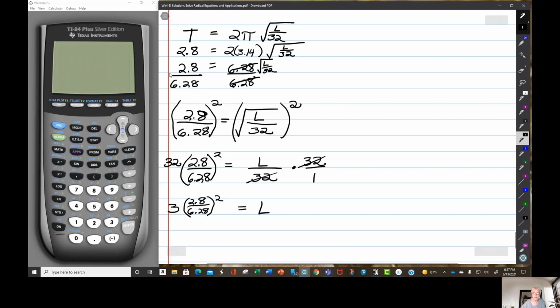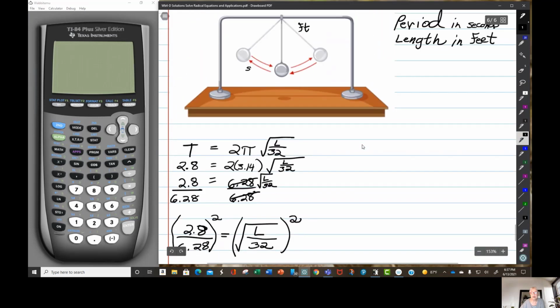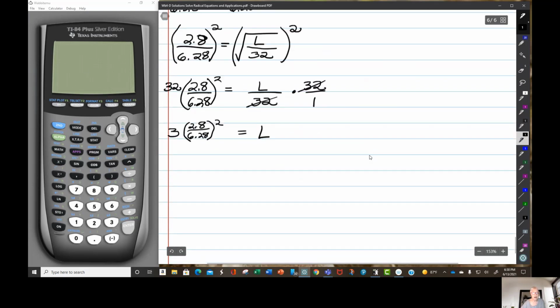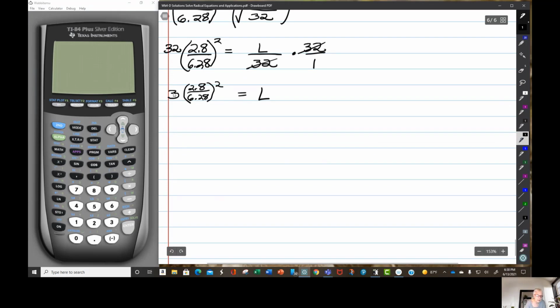Now, before I put that in the calculator, I want to find out how to round: to the nearest hundredth. The nearest hundredth is 2 decimal places. So let's write that down. 2 decimal places. Okay, now I am ready to use my calculator.